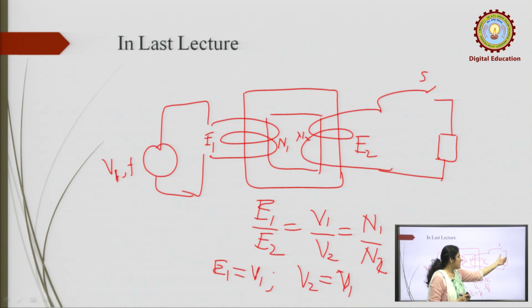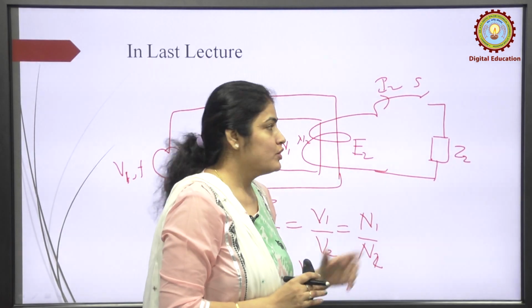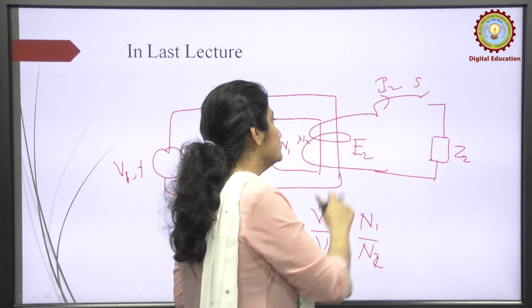After that, when we close the switch, Z2 is connected to the load side, and the I2 current will flow. This I2 current will produce its own magnetomotive force, which is N2 I2.